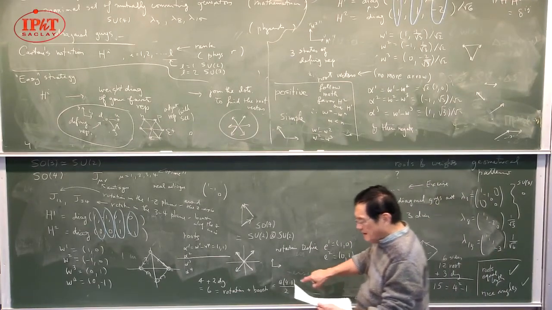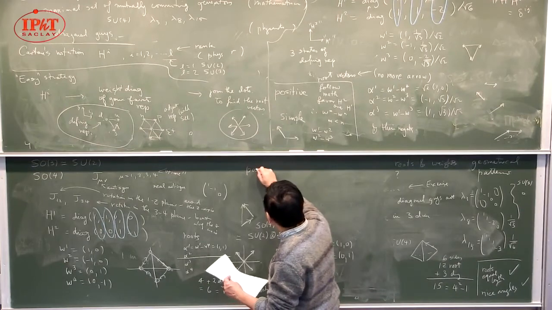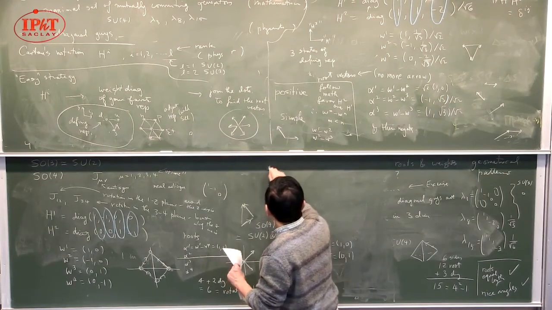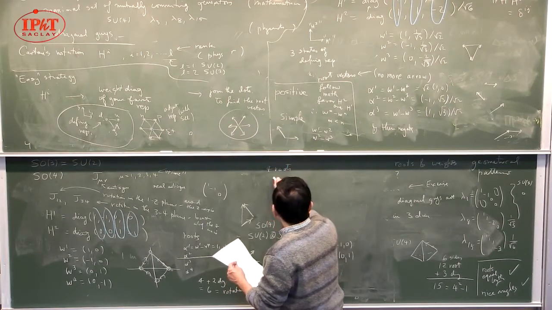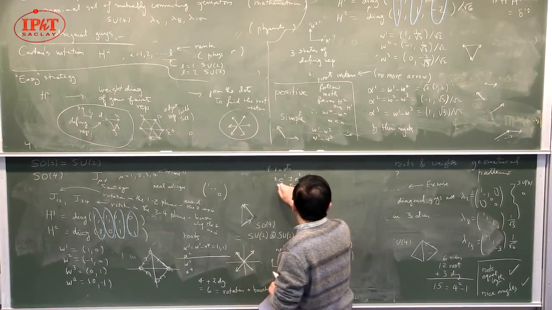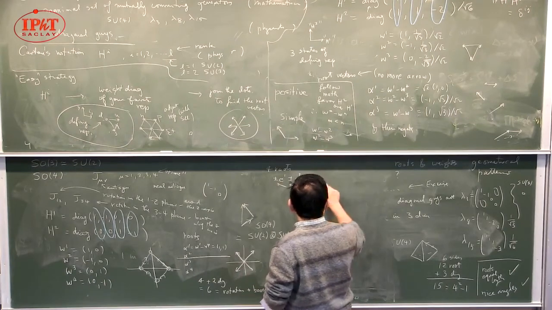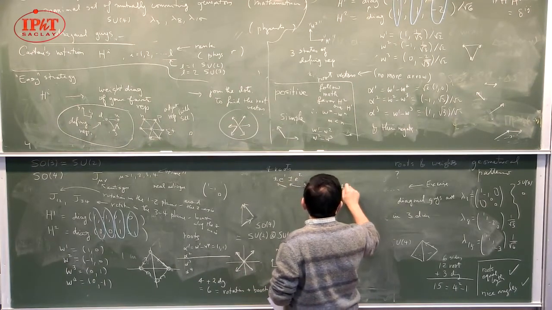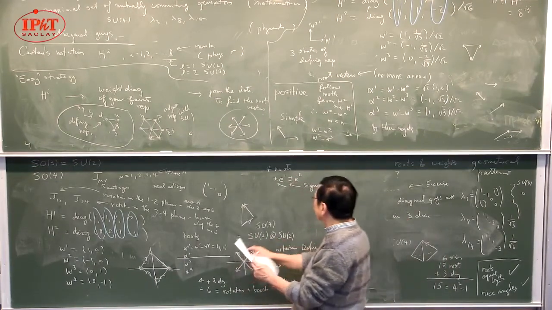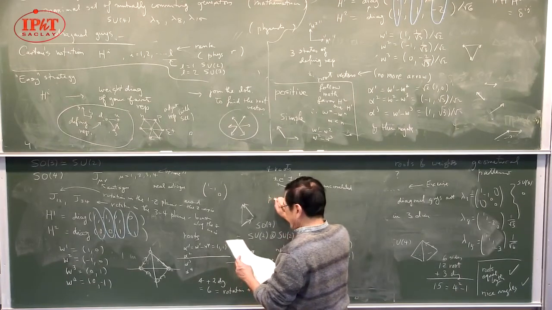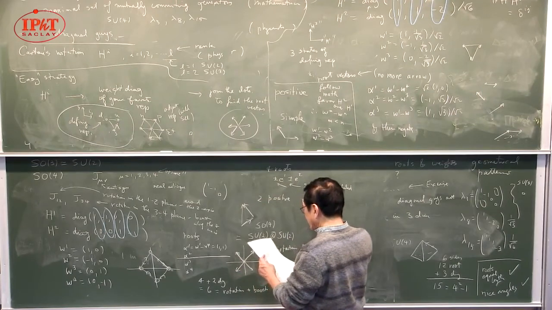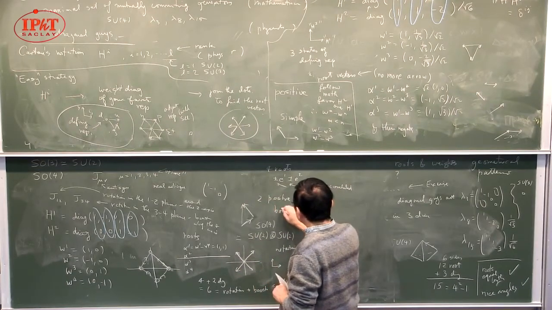Then we define the positive roots. The four roots are plus or minus E1 plus or minus E2, in which the signs are uncorrelated, so you can choose in all possible ways. Those correspond to these four vectors. And the two positive ones are E1 plus or minus E2, and they're both simple.